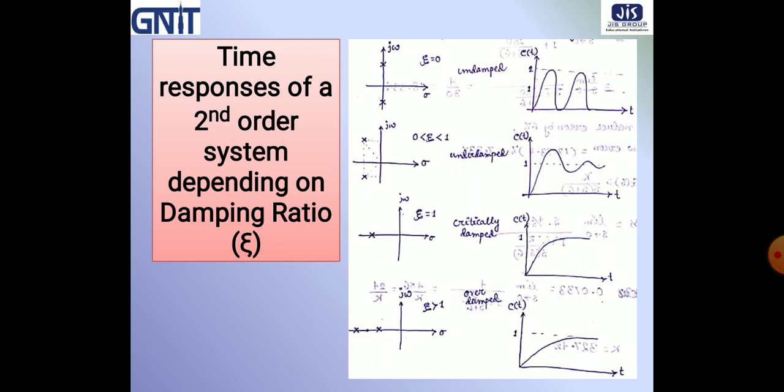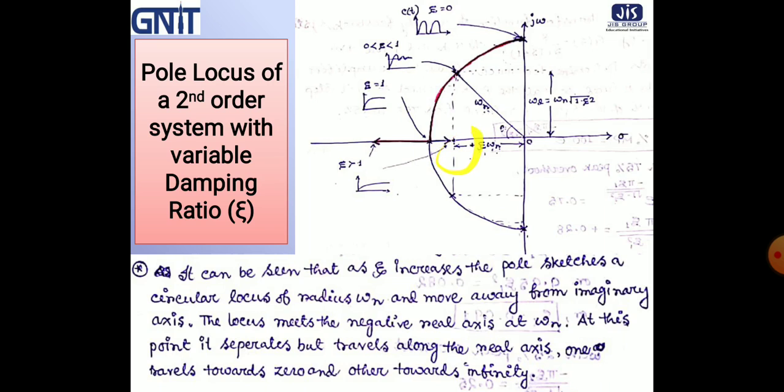Now if we put zeta greater than 1, that means the overdamped case, then the poles will be on the negative real axis. So here is a pole and here is a pole.